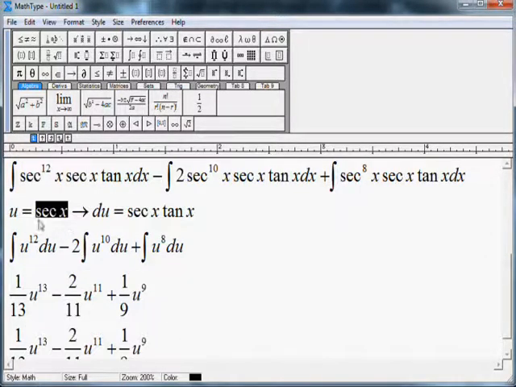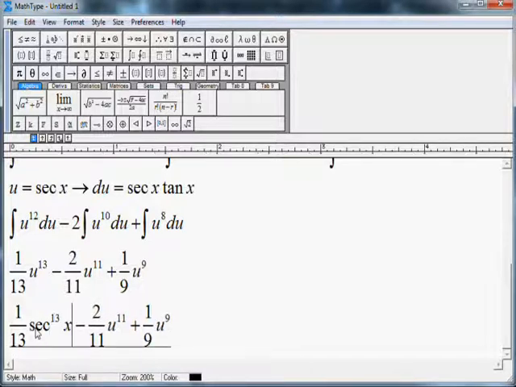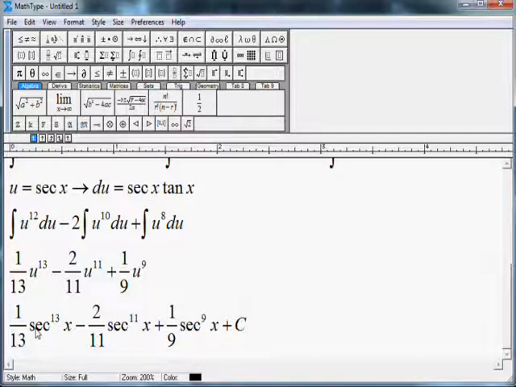So we'll just plug secant in, and we will be done. Oops, didn't turn it into a function. SEC, the X is right next to the C, guys. Plus C. You see? Plus C.